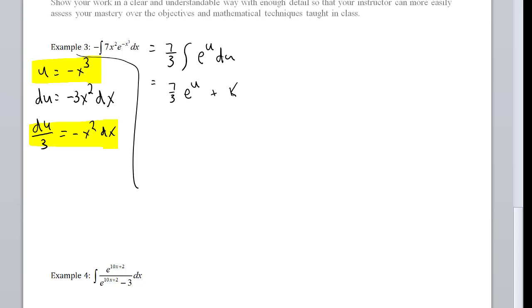So we're making it easier to deal with. And then now substitute back in. And again, if you want to double check this by taking the derivative, we will do that. I'll do this one since it's a little bit different, involving the exponential function.